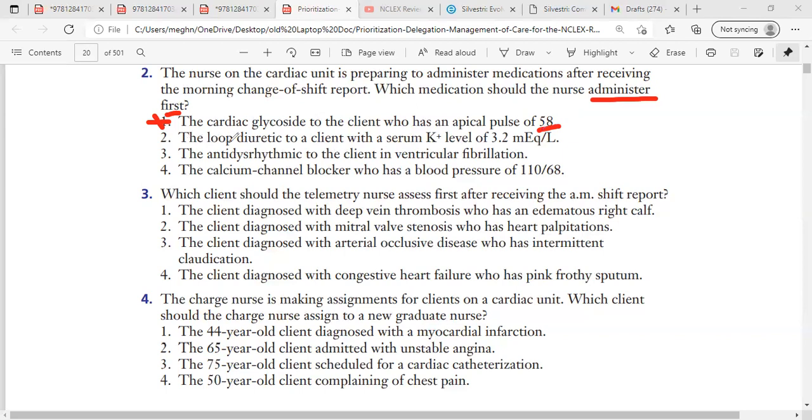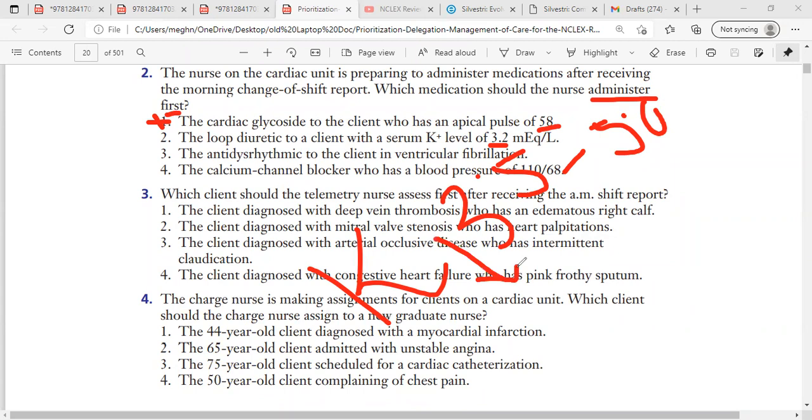Then number 2, the loop diuretic to a client with a potassium level of 3.2. Definitely, it is not the answer as well. What is the normal level of potassium? It should be 3.5 to 5.0, so 3.2 is less than normal.